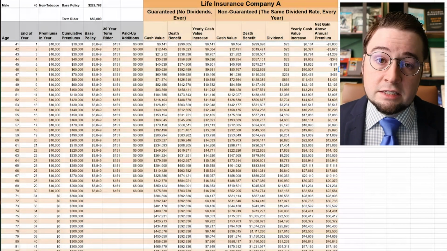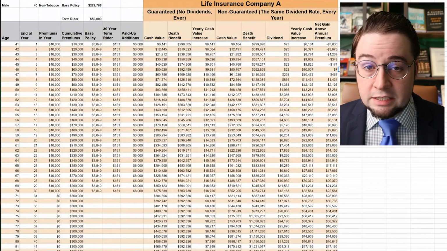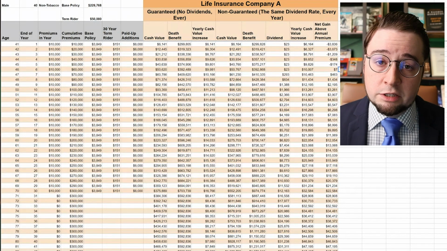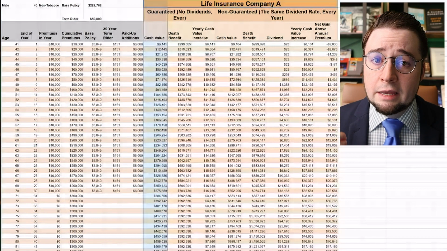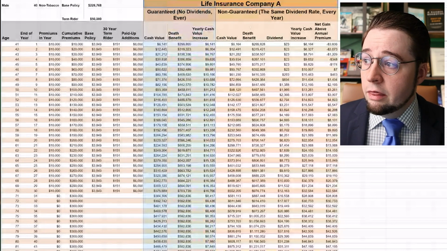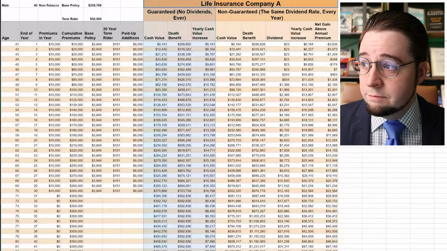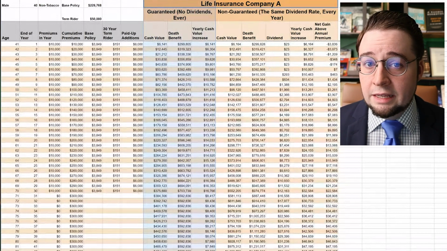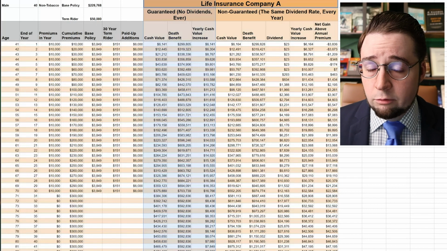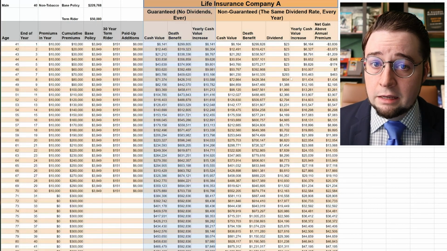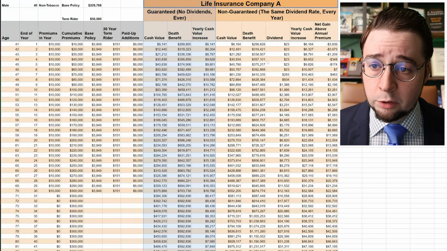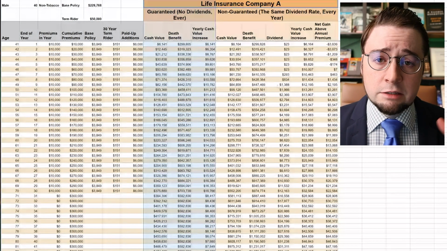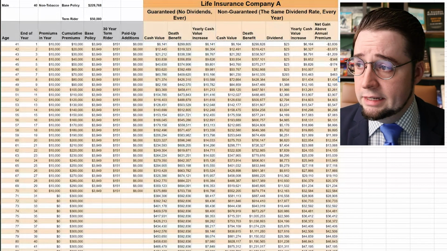Well, this is something that sets a whole life policy apart from something like a 401k, a 403b, a Roth IRA, a SEP, etc. This has guarantees. No matter what the economy does, this policy will still grow. It will grow every single day within a year, but the illustration only shows year-end numbers. Okay, that's some more preface information before we really dig into this.